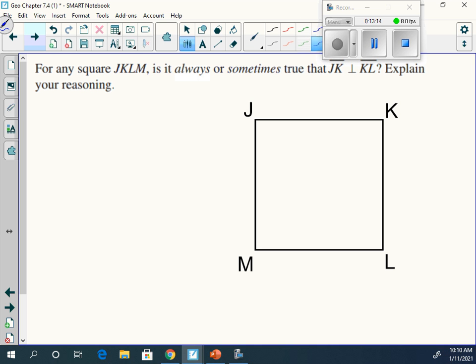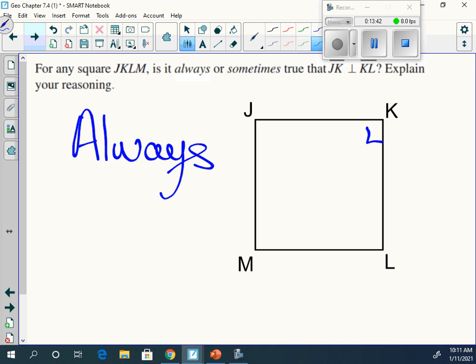Okay, so now we're going to look at a square. For any square JKLM, is it always or sometimes true that JK is going to be perpendicular to KL? It would be always, yes? Because what they're saying is that if JK and KL are perpendicular, it means it's going to make a right angle.